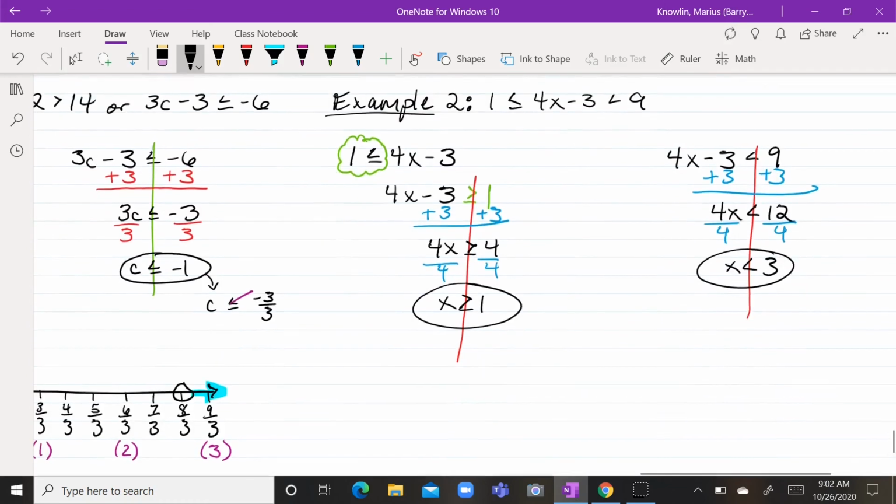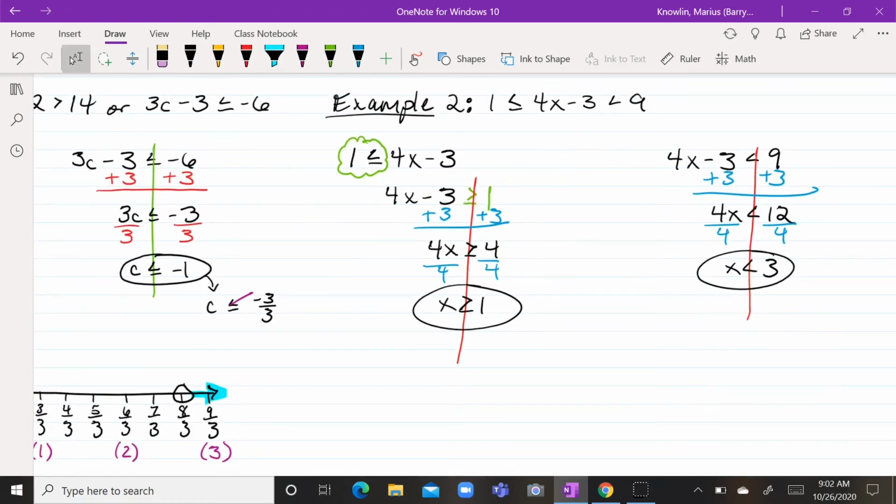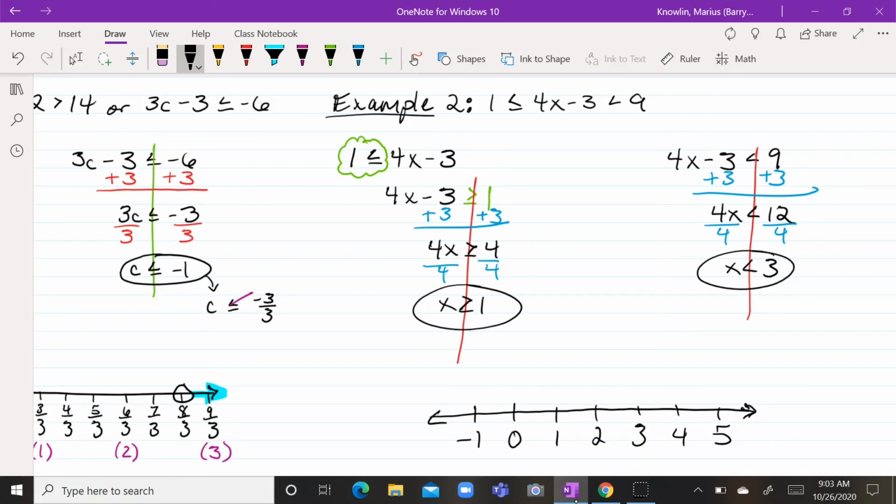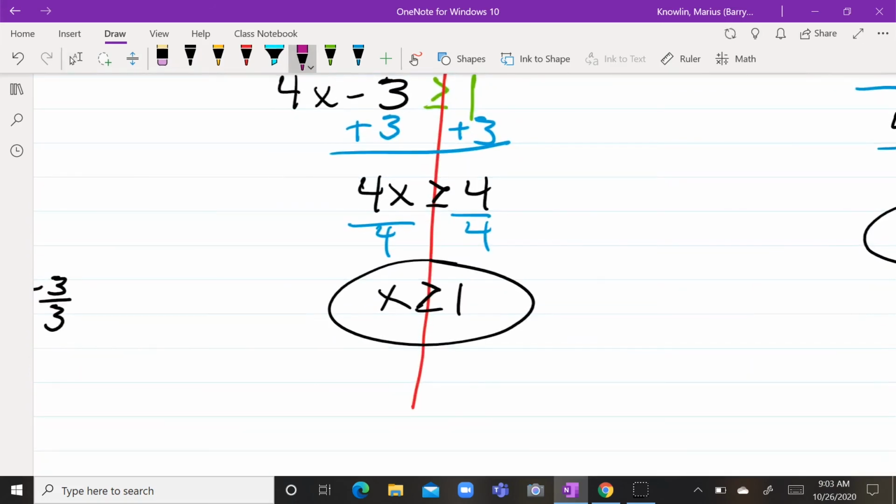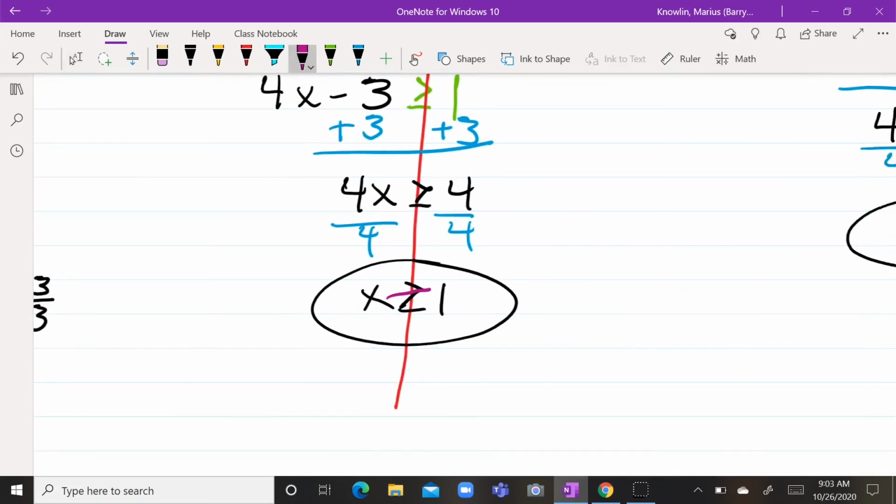And now we just need to graph both of them on the same number line. So since both of them are positive, we can write the 0 over here, and the negative 1, then positive 1, positive 2, 3, 4, and put 5 here. Now the positive 1, if we zoom in here, we're going to have to shade that one to the right.